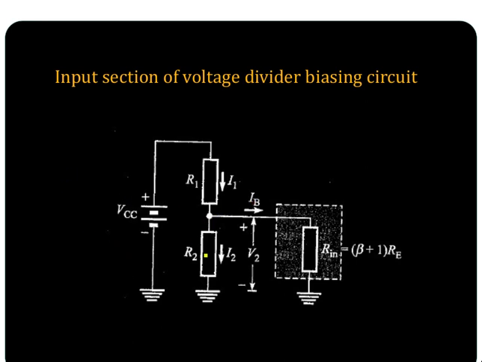Here you can see the input section of the voltage divider biasing circuit. That is, the previous circuit is redrawn, and only the input section is taken. You can see VCC, R1, R2, and the current IB flowing through the emitter. So IB is flowing into the circuit, and this represents the input resistance. Rin can be simplified and expressed as beta plus 1 times RE.